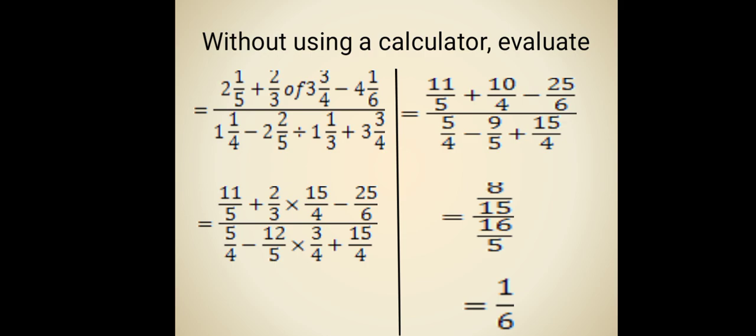We have 8 over 15. The numerator, we subtract 9 over 5 from 5 over 4, and then add 15 over 4, we get 16 over 5. Now if we simplify 8 over 15 divided by 16 over 5, we get a sixth.